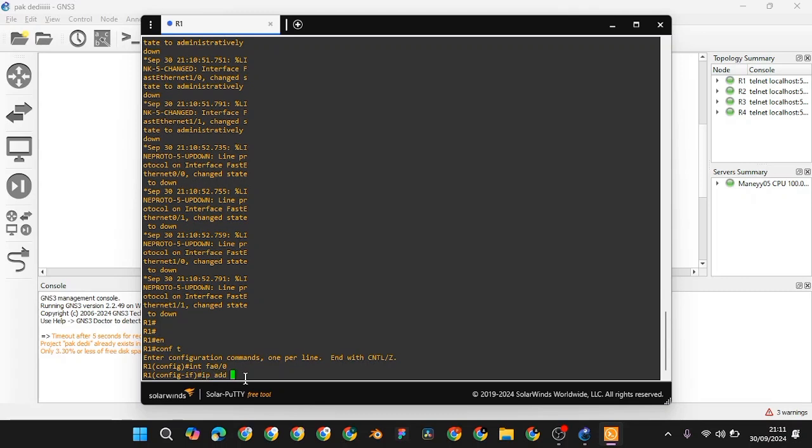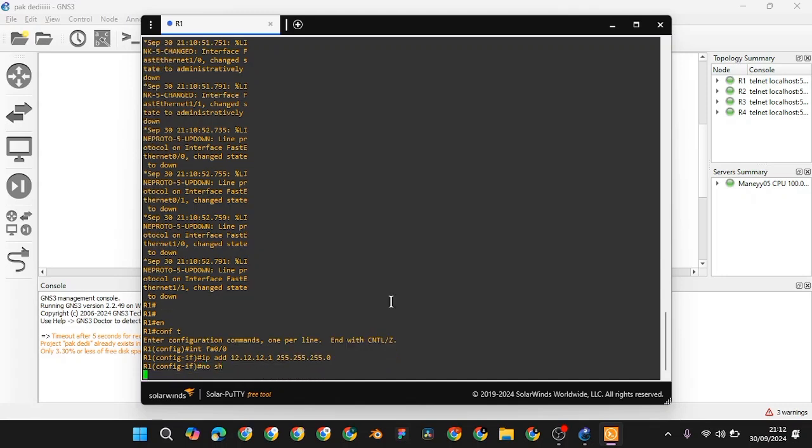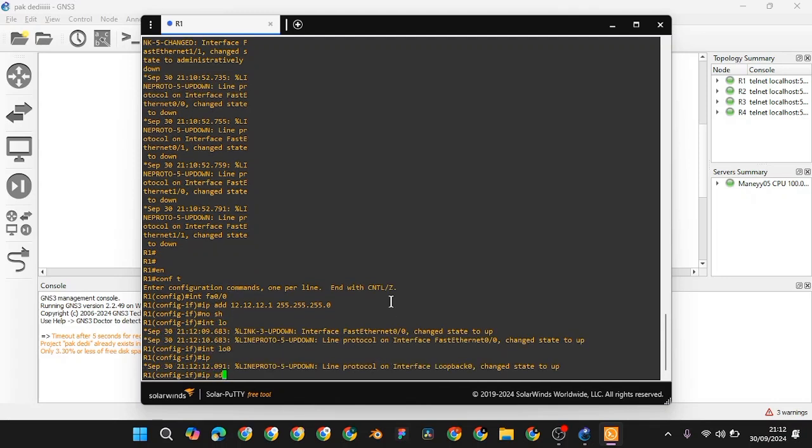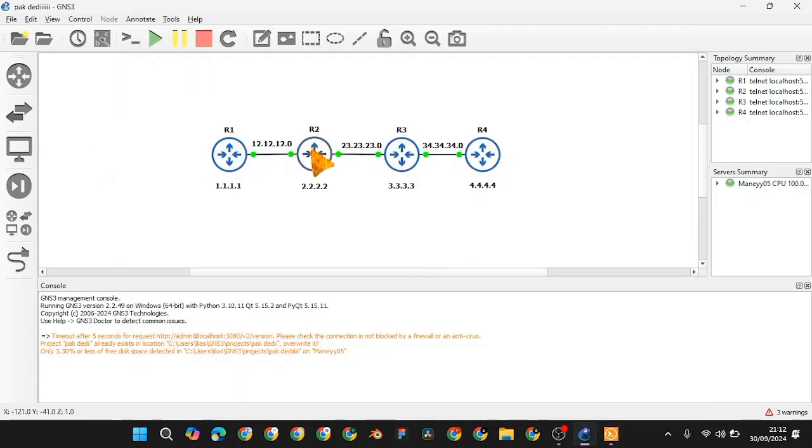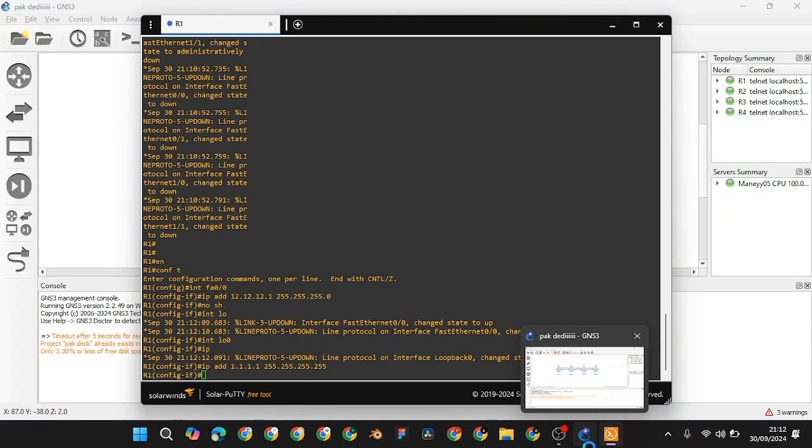The IP address for the first router is 12.12.12.1, and the subnet stays the same, but the last number changes to 0. No shut, and then int lo0, which you can call the advertisement, I don't know.